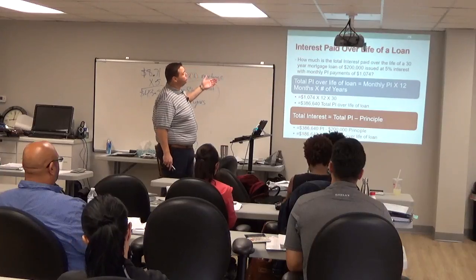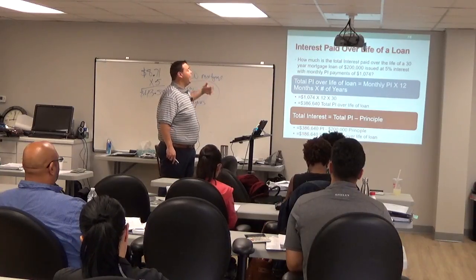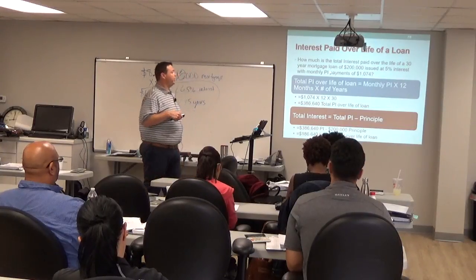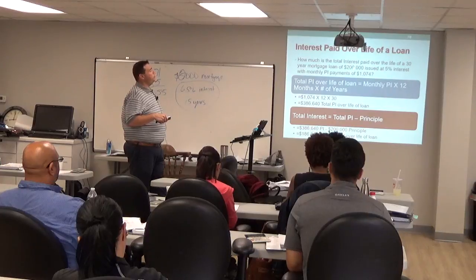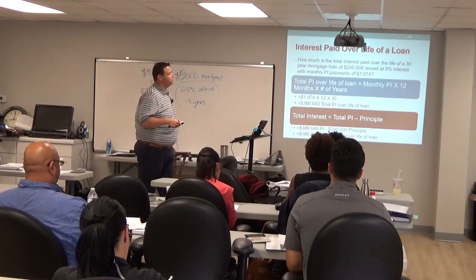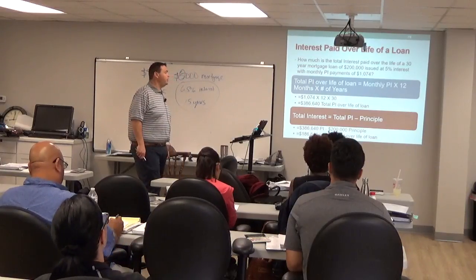So if you wanted to take that question to the next logical step and ask how much of that is just interest, we need to know what the loan amount was, and they've given it to us now. What's the total interest paid over the life of a 30-year mortgage loan of $200,000 issued at 5% interest with monthly PI payments of $1,074?